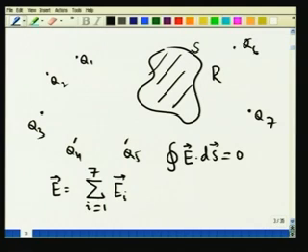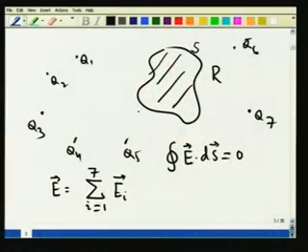So, we have at our disposal a very nice, a very beautiful theorem which tells you that so long as a surface does not enclose any charge, if you calculate the integral of E dot dS, then that surface integral is bound to vanish. This simply means that whatever may be the flux of the electric field that enters this particular region, for example, from Q4 there is a certain flux that enters and there is a certain flux that leaves.